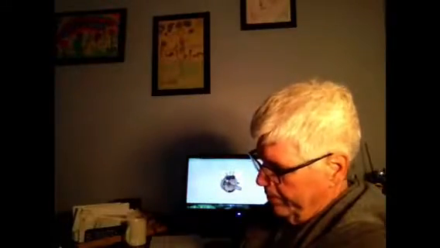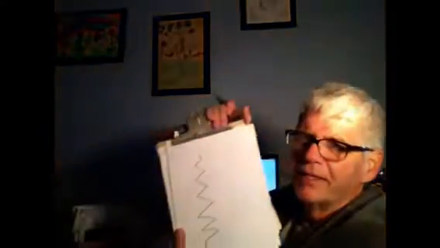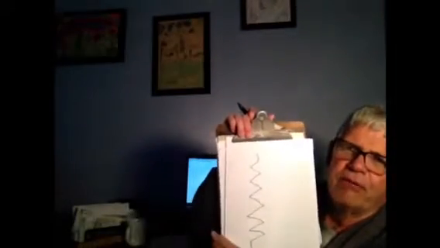Bad lighting. Let me get a different pencil here. Now we got a new pencil. Okay, let's have a big old long resistor here. This is the symbol for a resistor in an electrical circuit. It's kind of an ugly one, but it is.